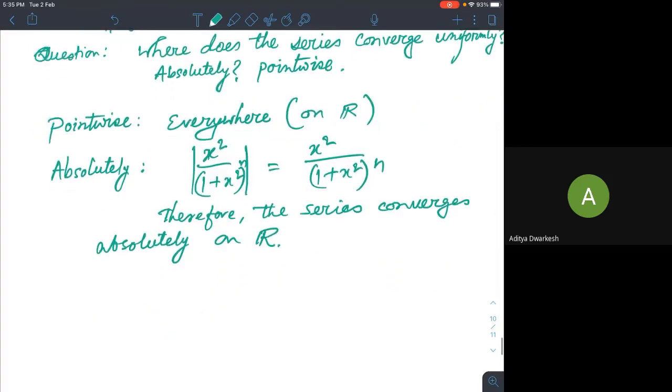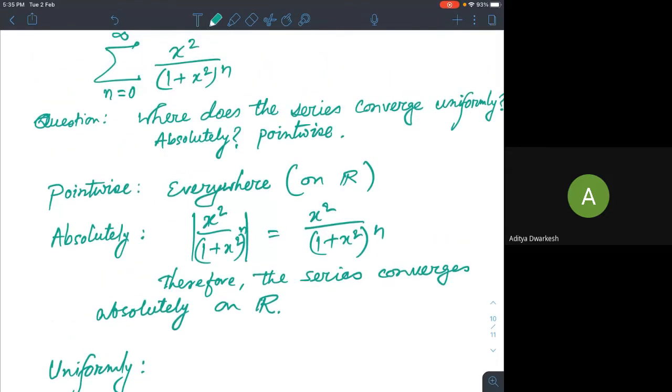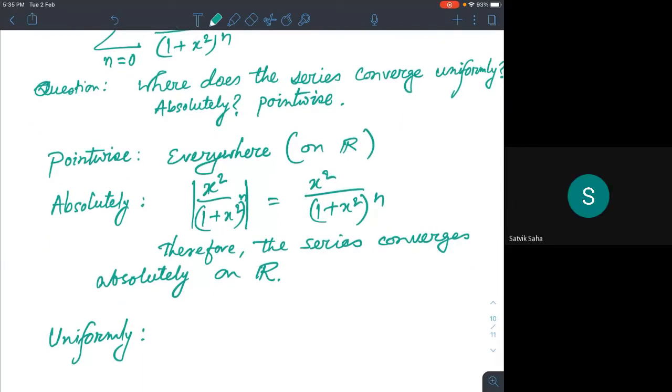Now the main question is, where does this converge uniformly? Will it be minus a comma a, a closed interval where a is any real number? No, open interval. Oh no, you have to get rid of the 0 as well, I think. Yeah, that is true.